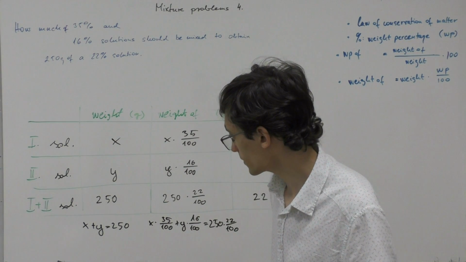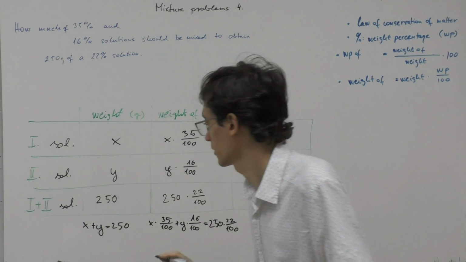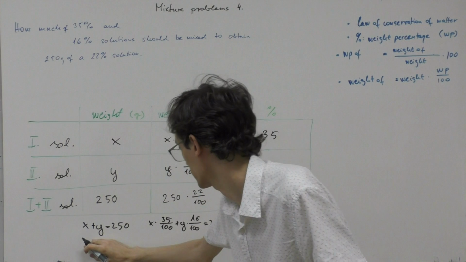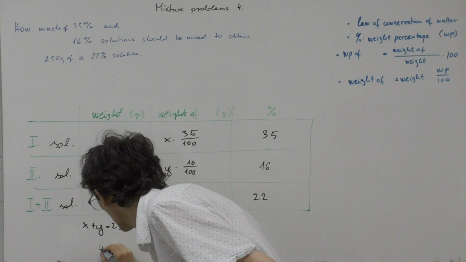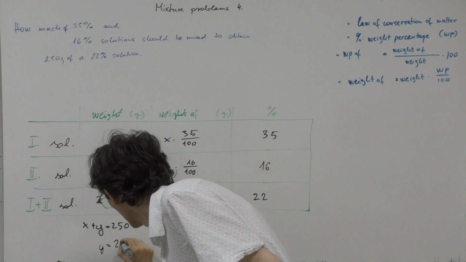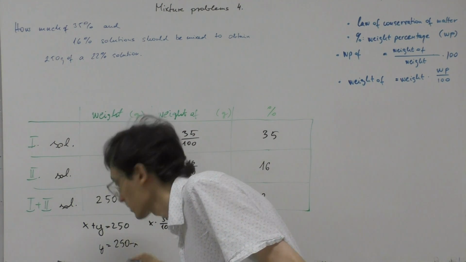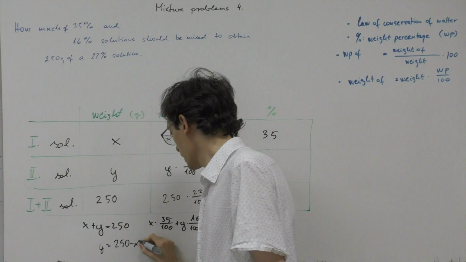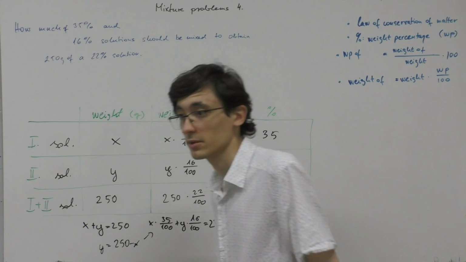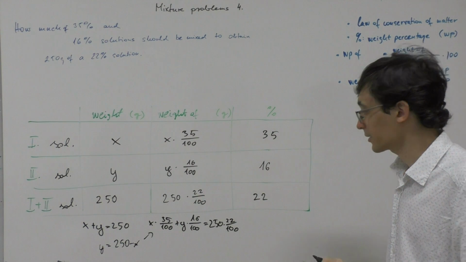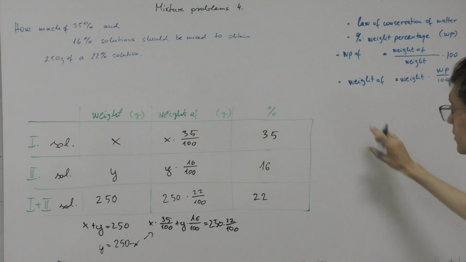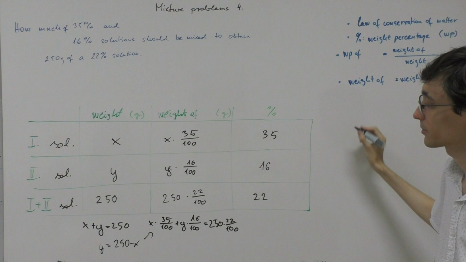First, from this equation, subtracting x from both sides, we get y equals 250 minus x. And now we can substitute into our second equation and then solve that. I will continue here because I have more space here.